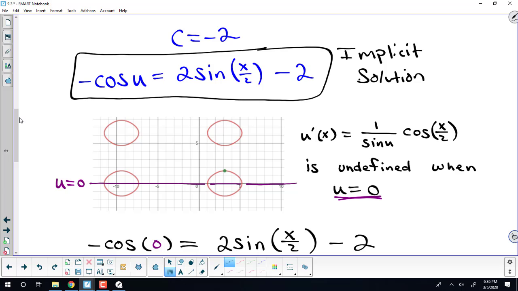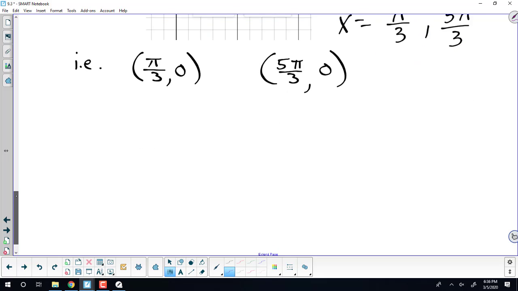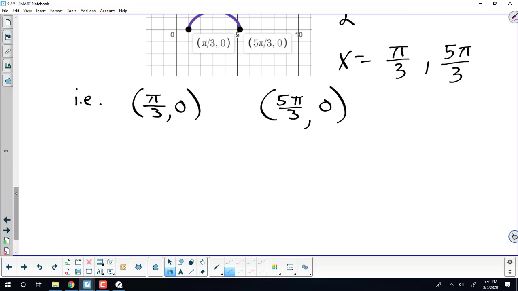I don't know that they're actually, but it kind of looks like it. And then when we figure out the function's undefined when u is 0, that gives us the points pi over 3 for x and 5 pi over 3 for x. Our solution graphically is the top half of that curve.